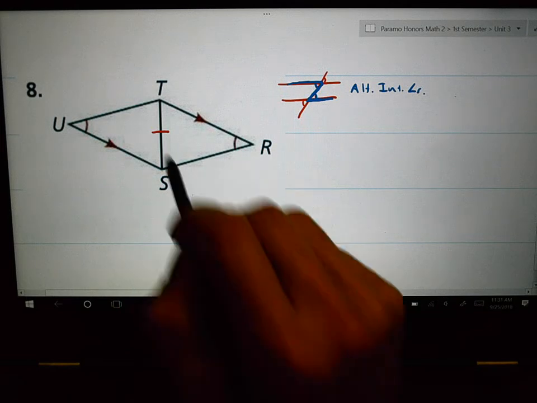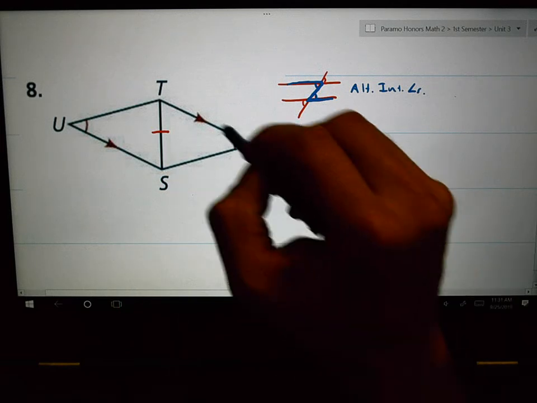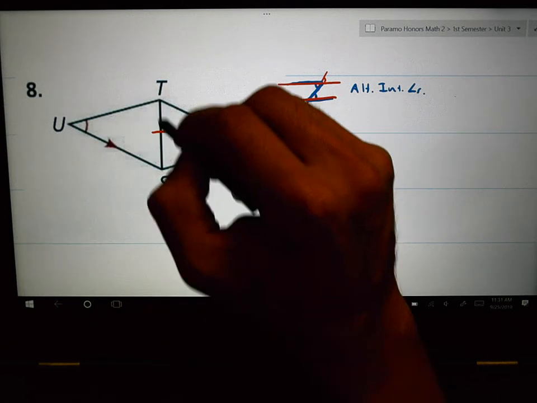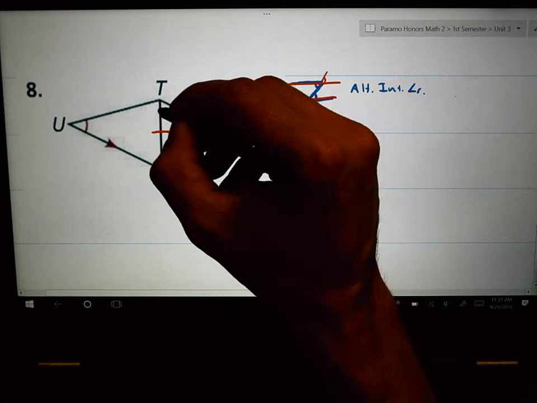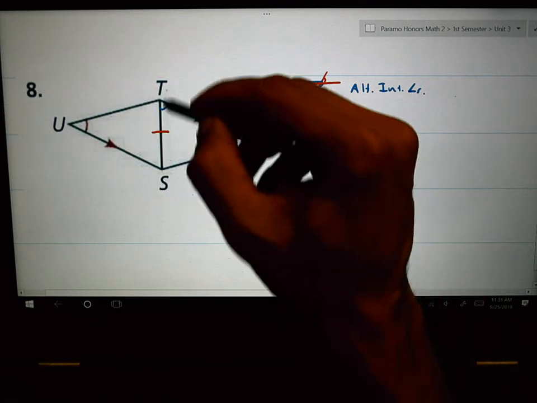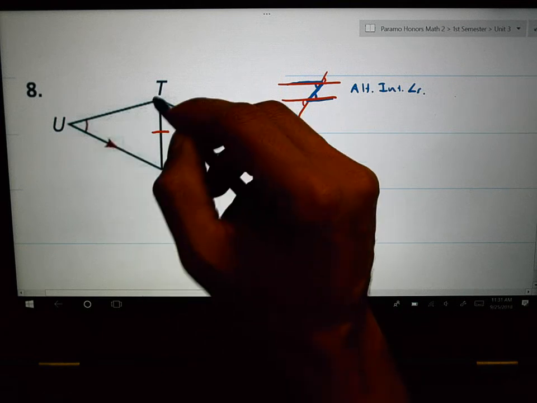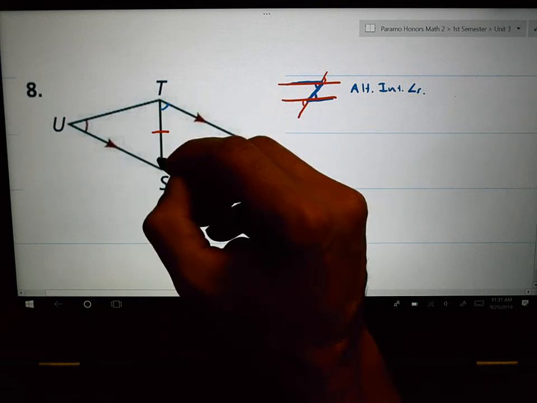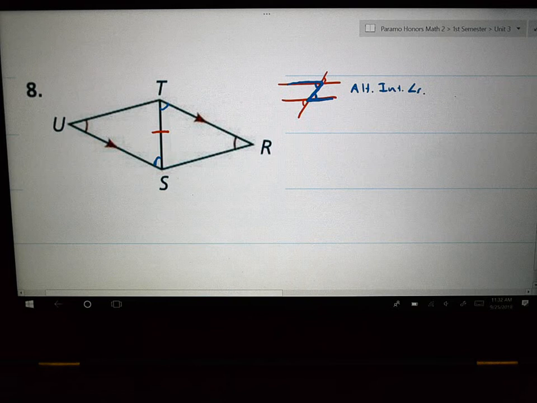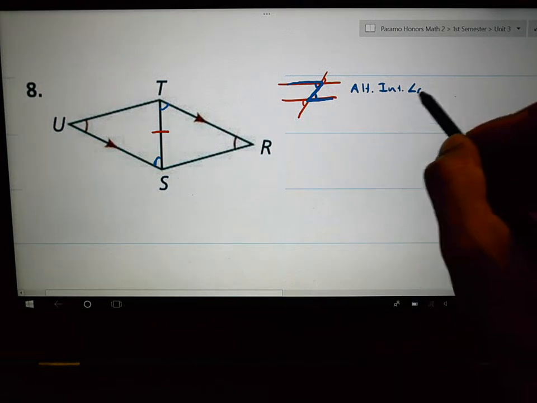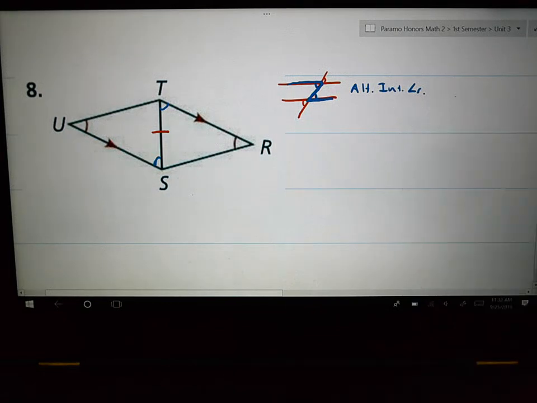And in this problem, I see the alternate interior angles. I have parallel, parallel, here's the Z. This angle here, angle RTS, is congruent to angle TSU. They are congruent to each other by the alternate interior angles theorem that you learned about last year.